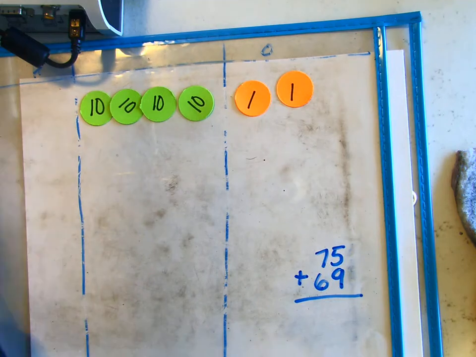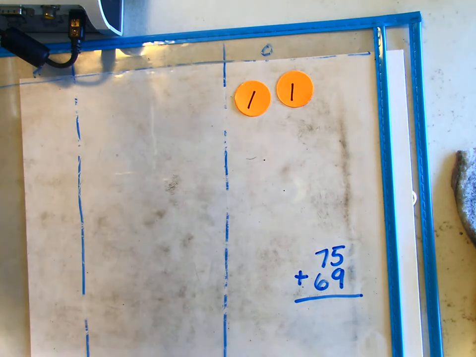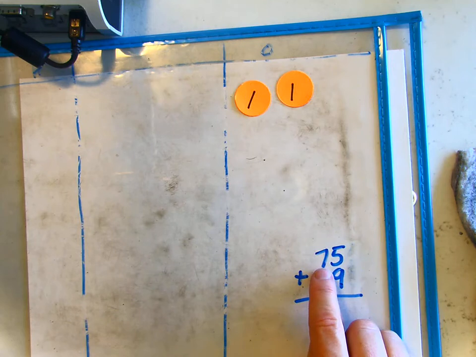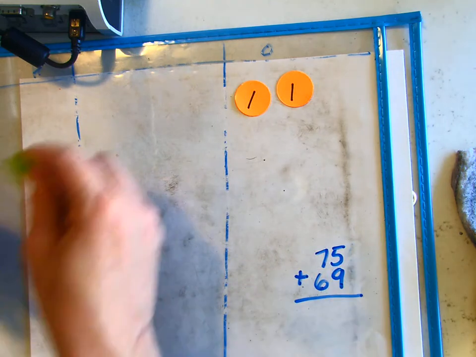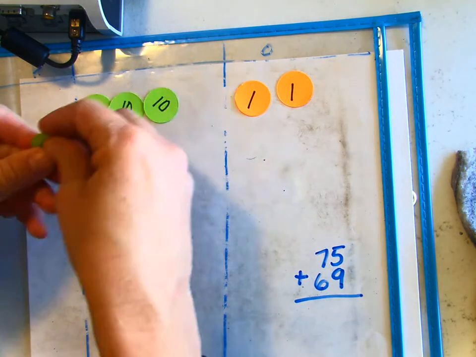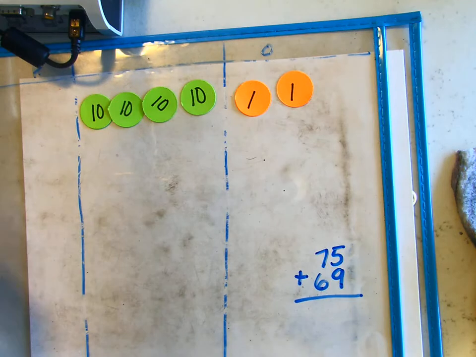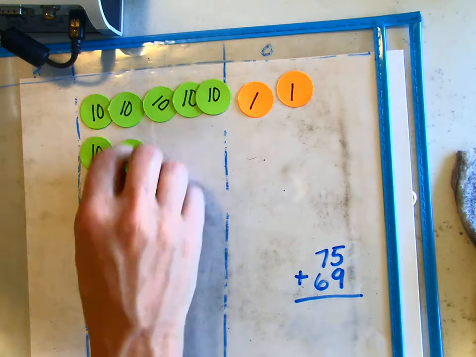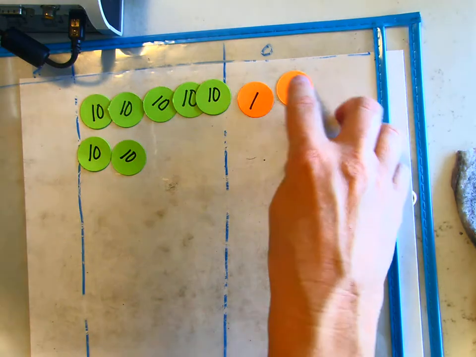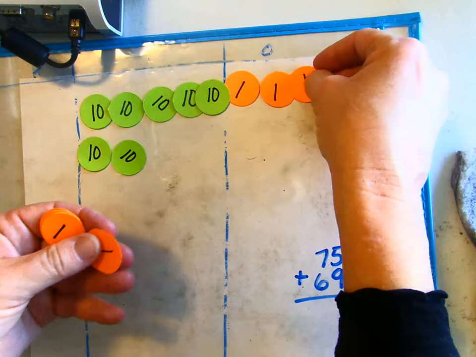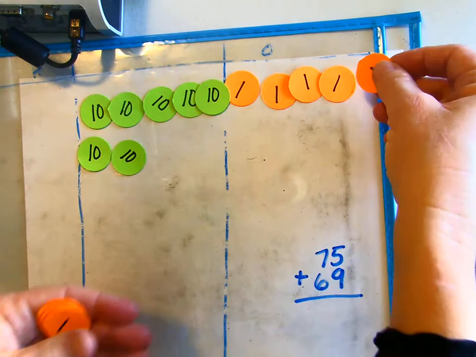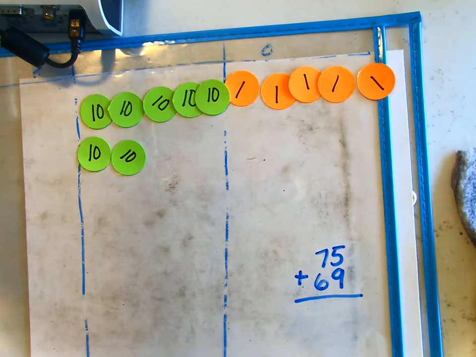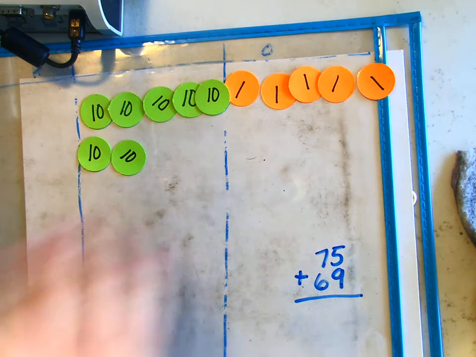Don't need 100 yet. We need 7 tens, 5 ones. So we had 4 tens. Let's see. 5, 6, 7. We have 2 ones there. We need 5, 3, 4, 5. So that's our 75.